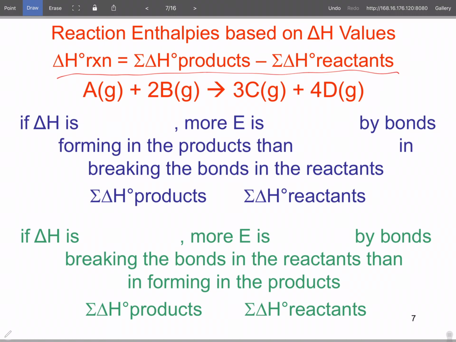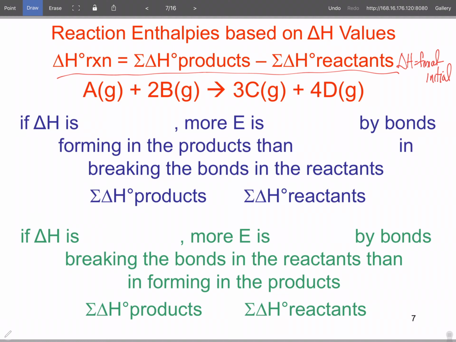So basically what it boils down to is the change in enthalpy of the reaction, standard. It's going to be the products minus reactants. Remember, that's always final minus initial. Well, in a chemical reaction, initial or reactants, products are final. So that's what we're looking at.